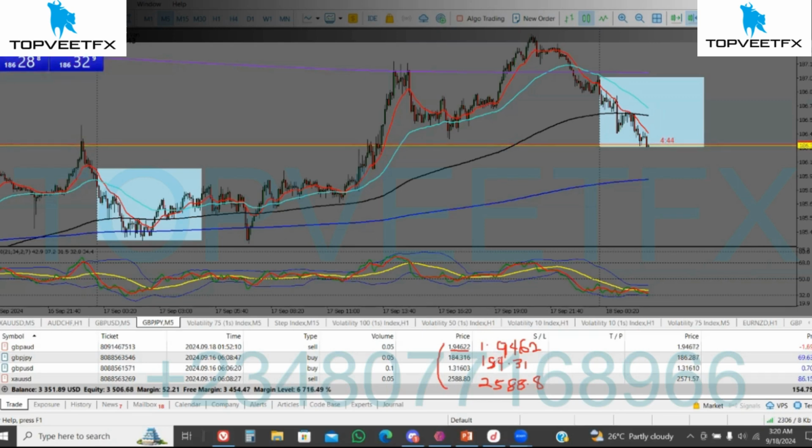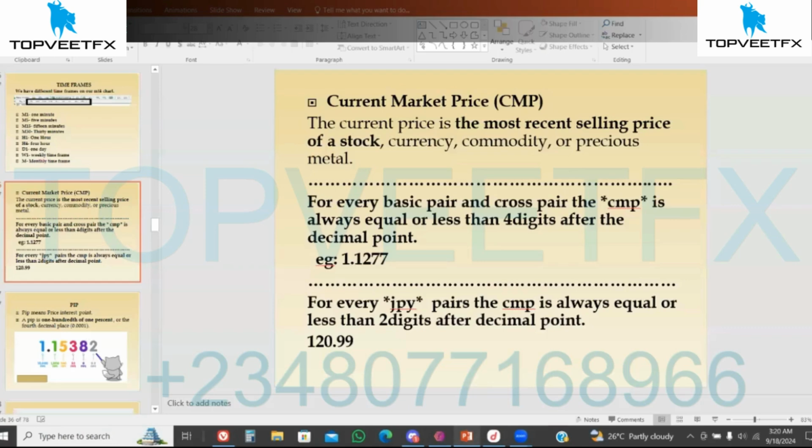So now that we know how to look at our current market price, don't forget we said for all the JPY pairs it is 2 digits or less after the decimal point, and for every basic pair and cross pair it is 4 digits after the decimal point. So for gold it is 1 digit after the decimal point. Now let's move ahead to look at something a little bit more interesting.